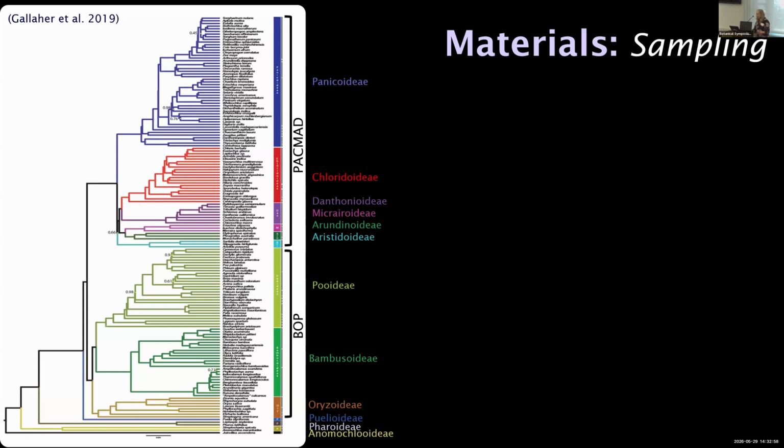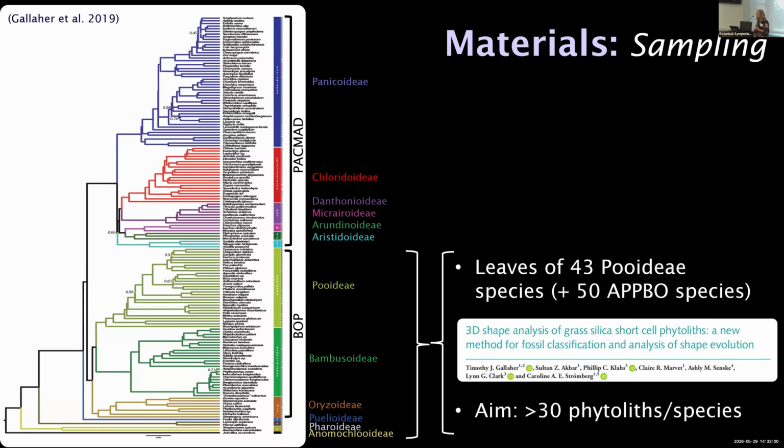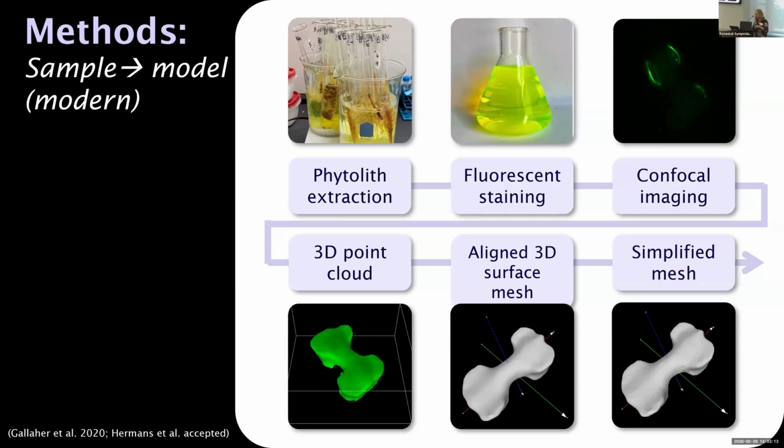So for this study, we sampled leaves of 43 pooid species. We added this to a data set of 50 species of early divergent grasses, bamboos, and Oryzoideae. And then we extracted phytoliths from these samples. We stained them with fluorescent dye.